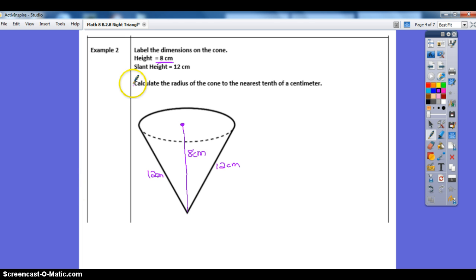Now it says calculate the radius of the cone to the nearest tenth. How am I going to do that? What do I need to make? A right triangle. What is it if it's all the way across? The diameter.